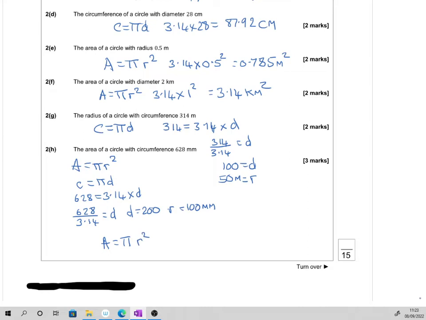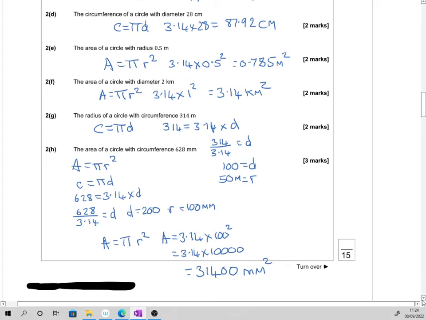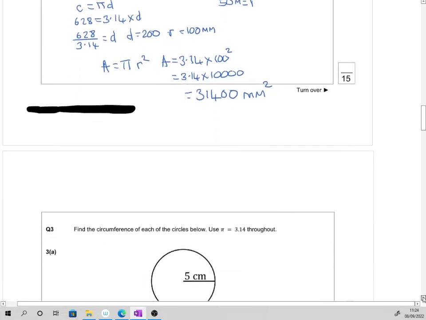So the area equals 3.14 times 100 squared, which is 3.14 times 10,000, which is 314,000 millimeters squared. Oh, that was quite an involved one.